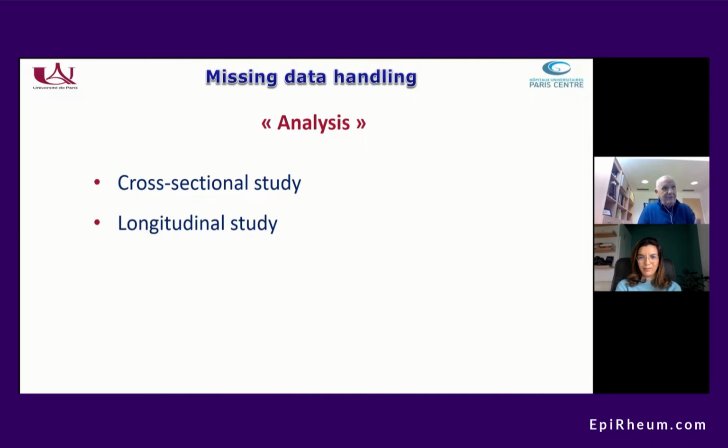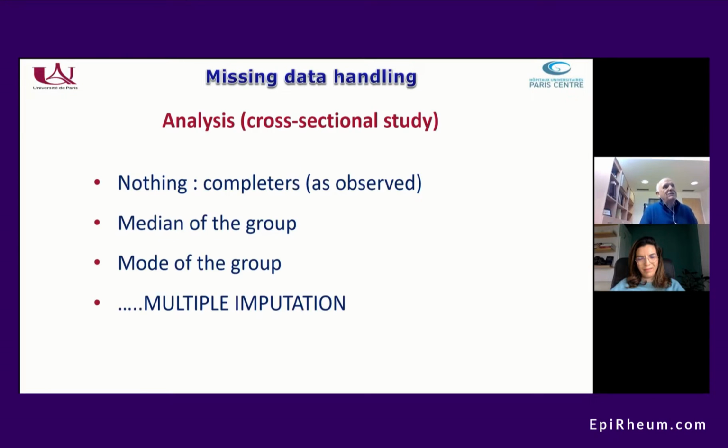If you fail, and you will fail, in other words, whatever the effort, you will have some missing data. And then you will have to do what we call the handling of missing data, but in fact, it's how to analyze the data when in the database you have missing data. So for the cross-sectional study, either you do nothing, that is called complete analysis. In the example I gave you a few slides ago, it was the gender: you have the sex of the patient in only 8 of the 10.